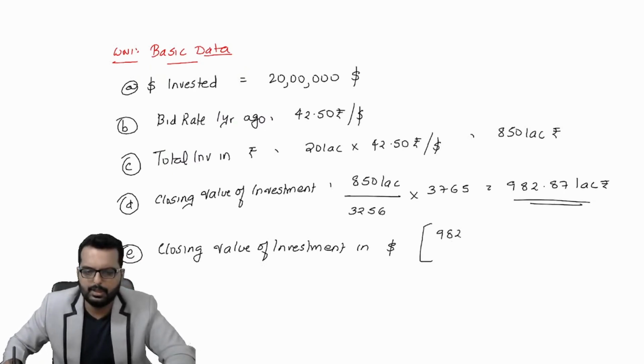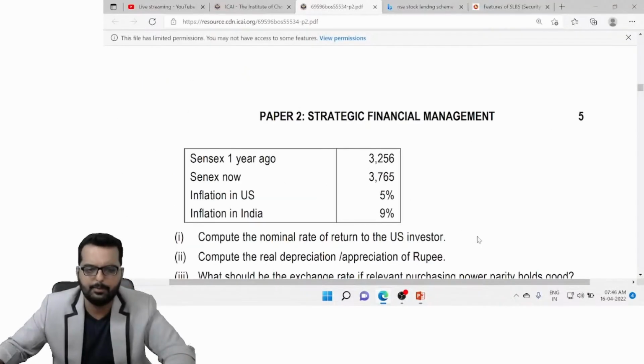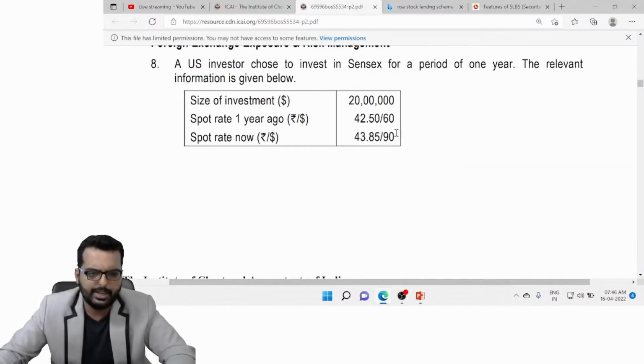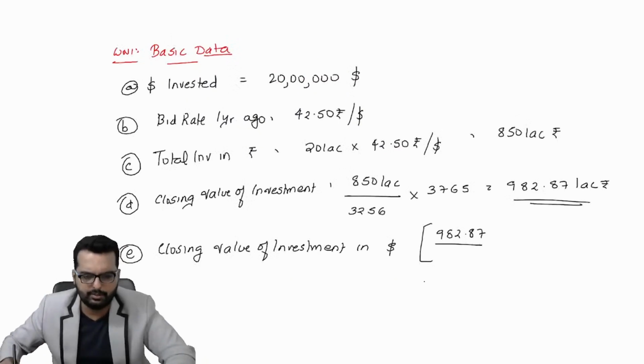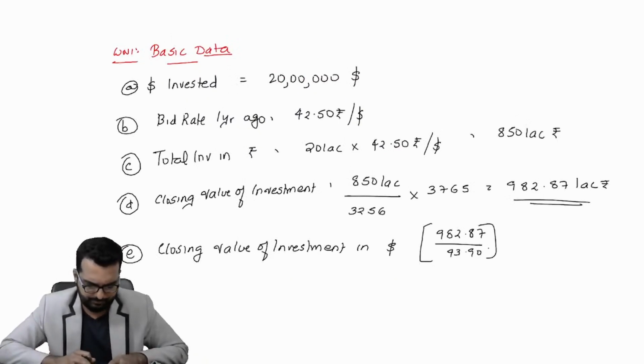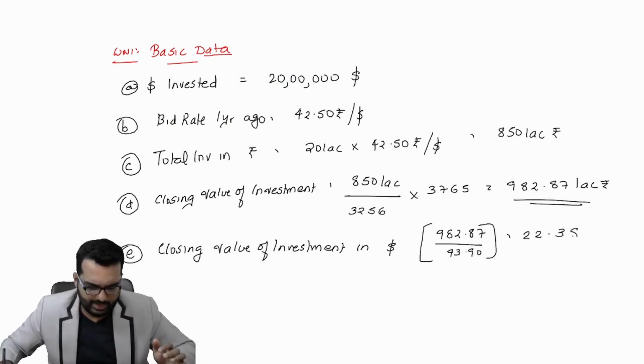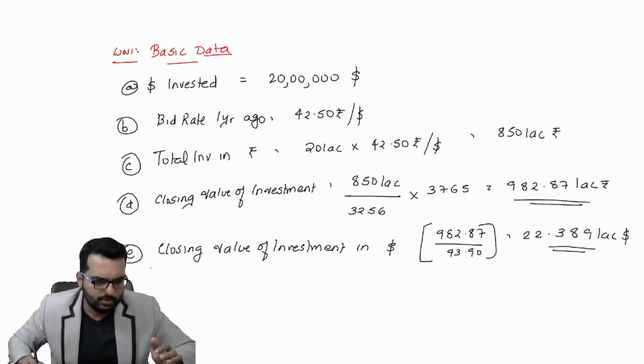So, that would be 982.87 lakh divided by today's ask rate 43.90. I will get the answer as 22 lakh 38,900 dollars.